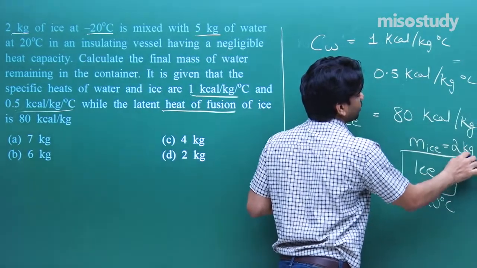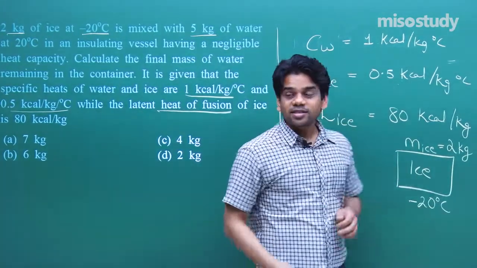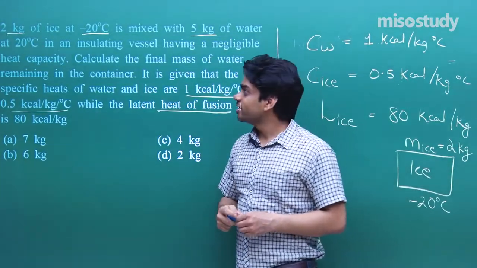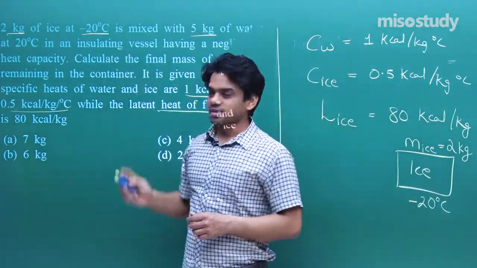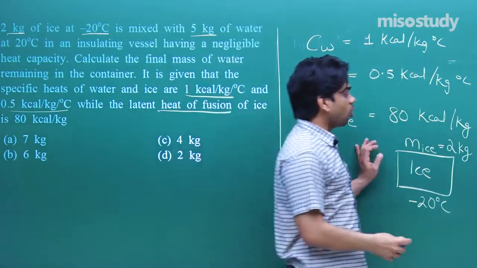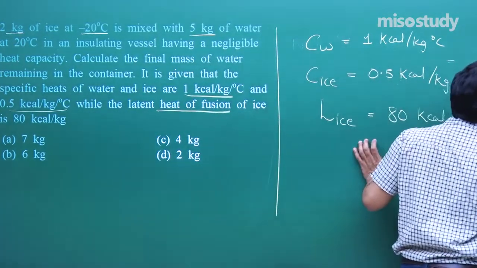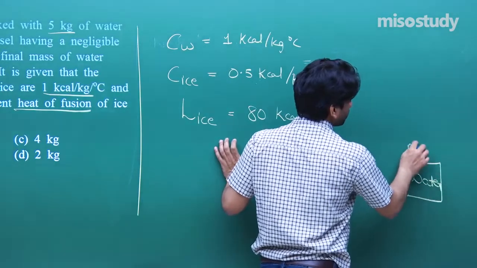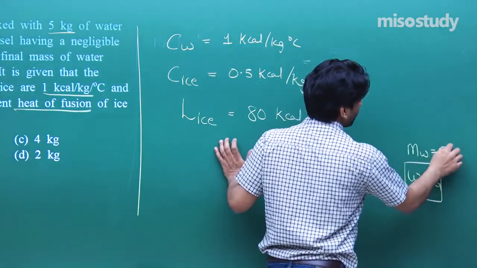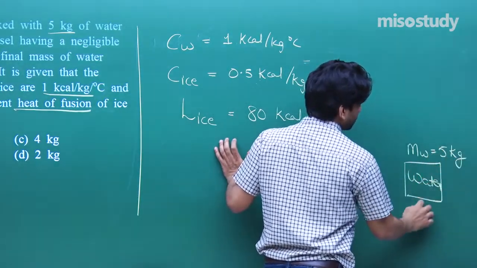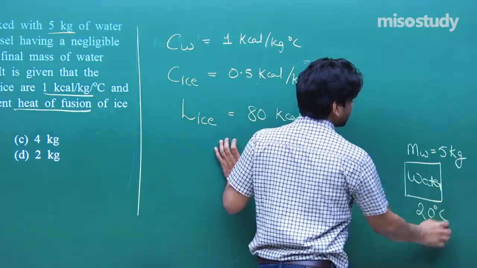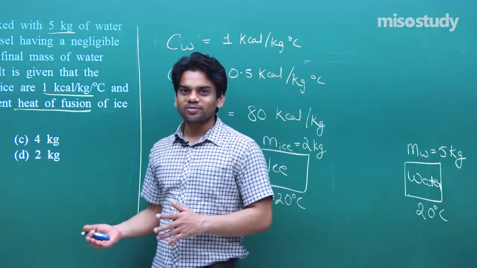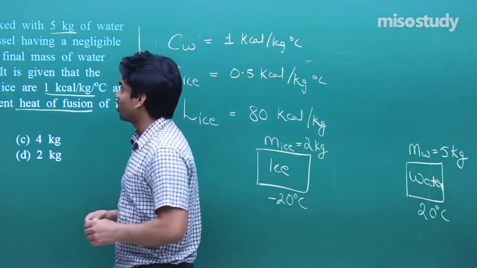Next, it is mixed with 5 kg of water at 20 degrees Celsius in an insulating vessel. So the mass of water is 5 kg and the temperature is 20 degrees Celsius. Both temperature magnitudes are the same, but signs are opposite, minus 20 for ice and plus 20 for water.